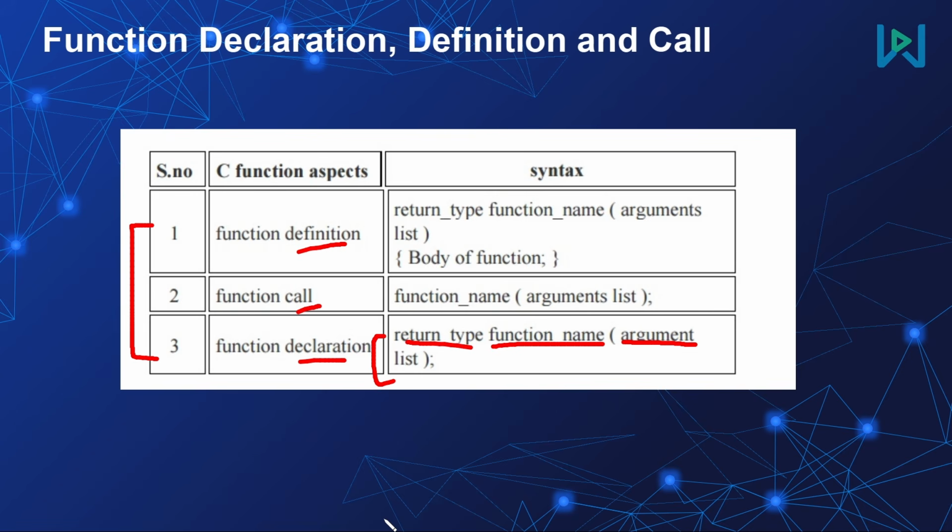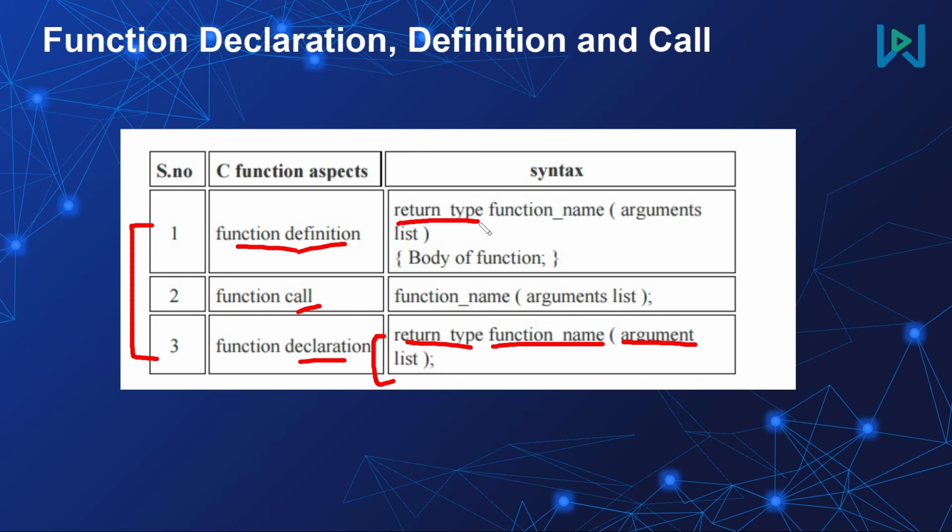After creating the C function prototype, we will need to implement the body of this function. This is what is called a function definition. So here we will need to invoke the function prototype, similar to what we have done during the function declaration.